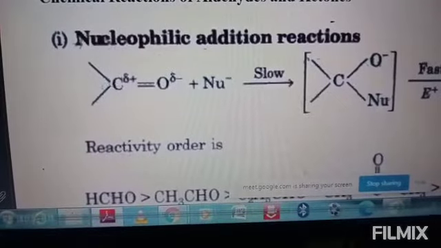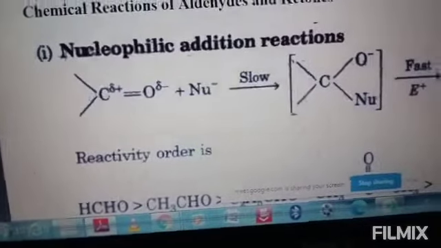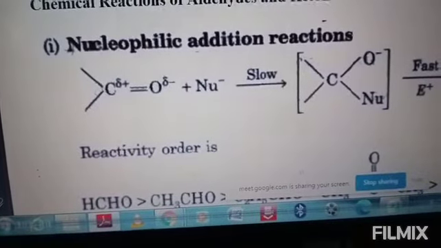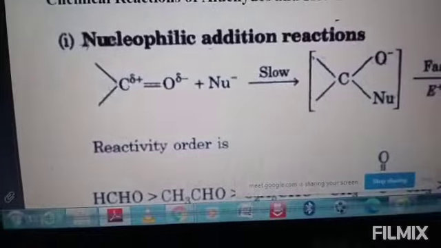Why can it undergo nucleophilic reactions? For that you recall that it is dipolar in nature.